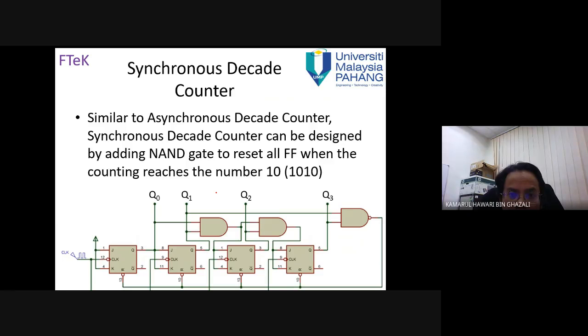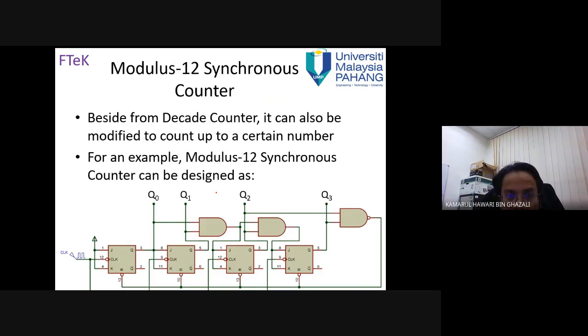Similarly to asynchronous decade counter, synchronous decade counter can be designed by adding a NAND gate to reset all flip-flops when the counting reaches the number 10. Besides decade counter, it can also be modified to count up to a certain number. For example, modulus 12 synchronous counter can be designed like this.